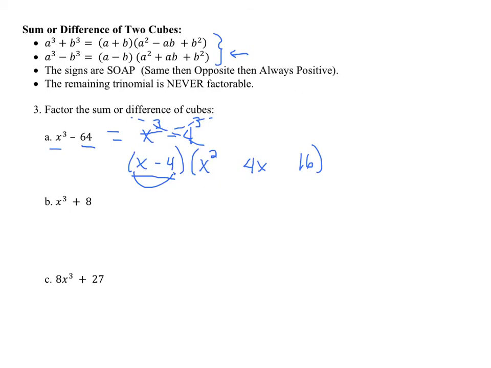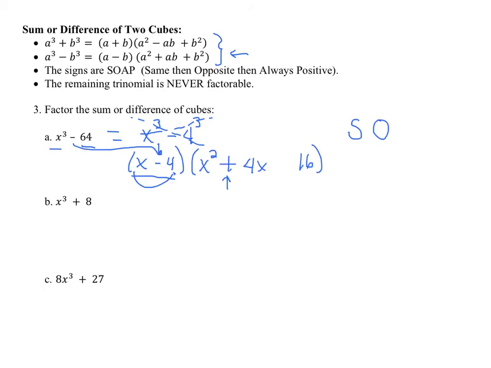How do I know what signs to put in here? Well, this first sign right here, the negative, always goes with what we started with. You keep that sign, what you started with. So same sign, S. This guy right in between here is always going to be the opposite of the first sign.